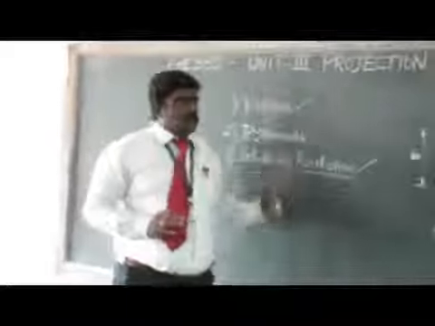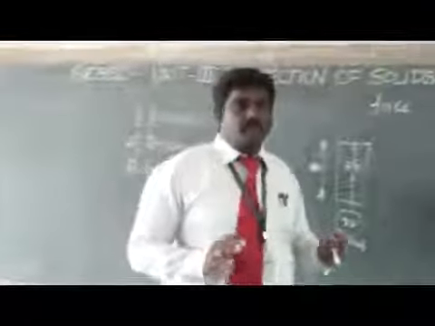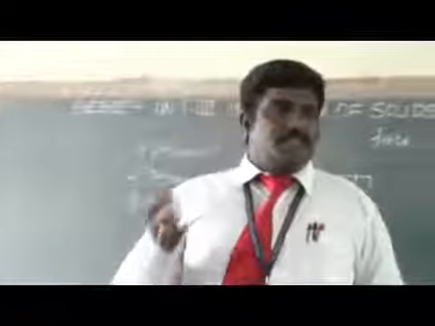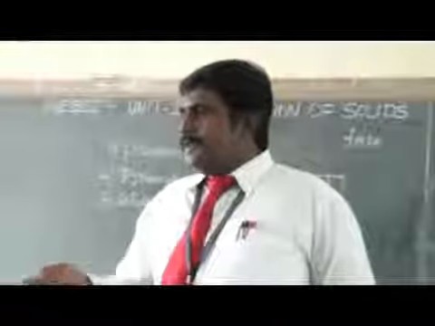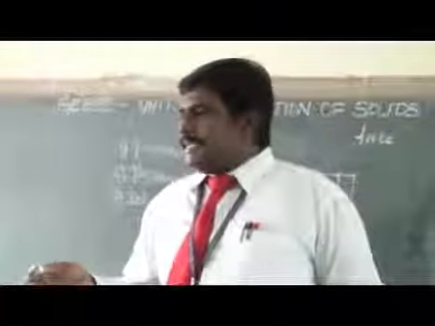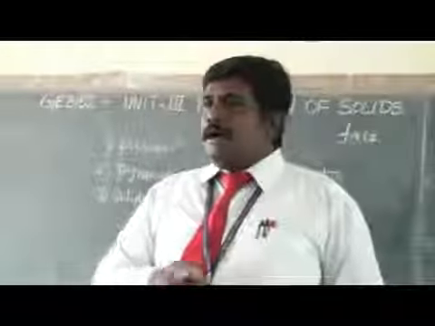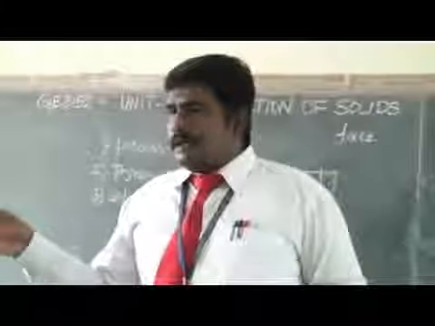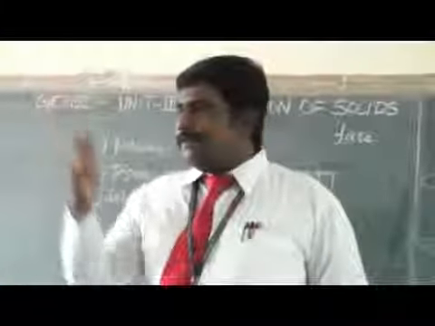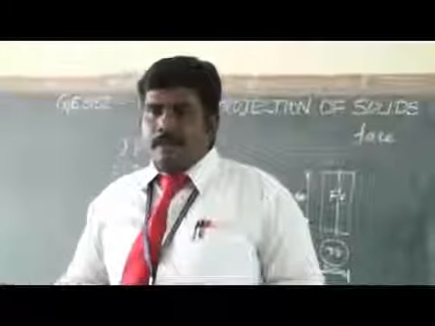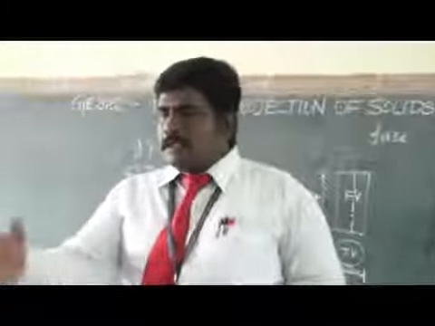So these are the standard set of solids which we are going to see in our engineering graphics, and their relative positions with respect to horizontal plane, vertical plane, their inclination of their axis with respect to horizontal plane, vertical plane, and all those things have to be identified, and according to that the front view and the top view, and the final front view and top view have to be outlined. Okay? Yes, take note.